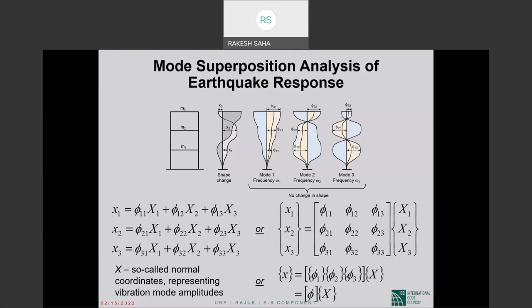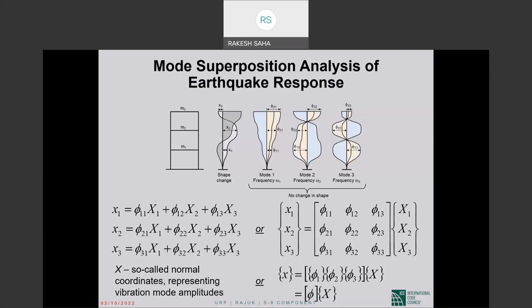Anyway, when we model a multi-story building, the simplest models are called lumped mass models, where the masses are lumped at the floor levels. So if we are modeling a three-story building as in this picture, we will assume the mass is concentrated at the two floor levels and the roof level, and that will give us three lumped masses.